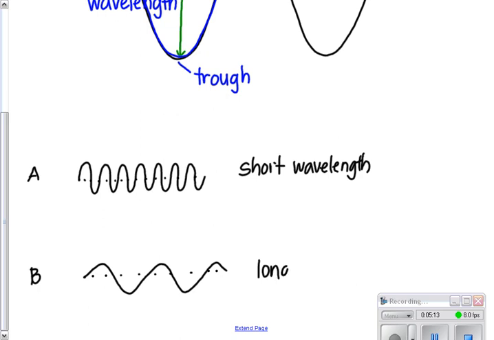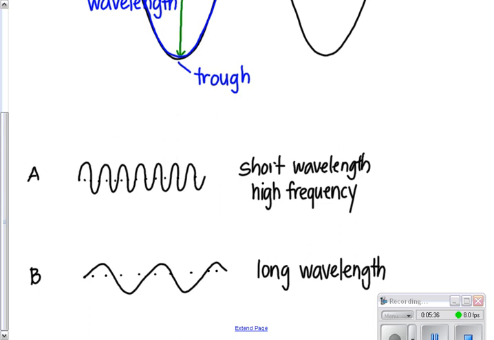What you'll notice is that the waves in A are squished much closer together. There are more waves in A than there are in B. So we would say A has what we call a high frequency because there are a lot of waves in that time frame, versus B, which has a low frequency.